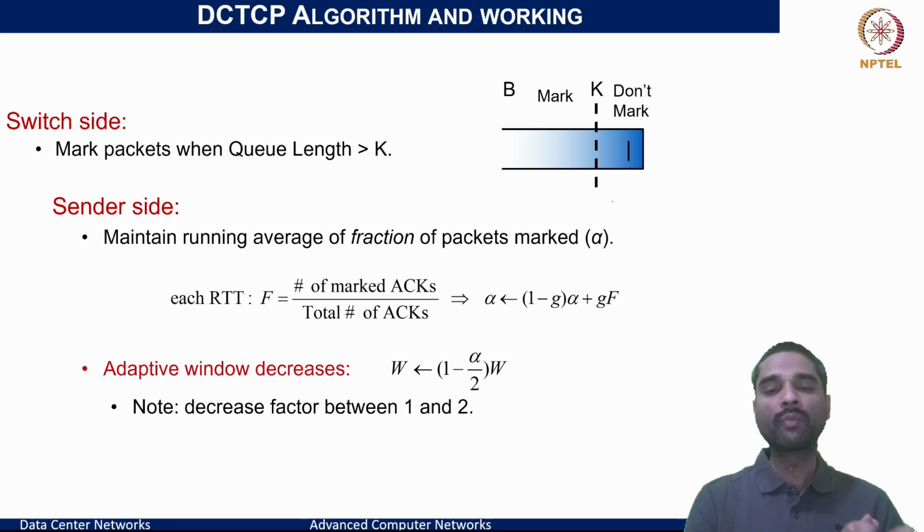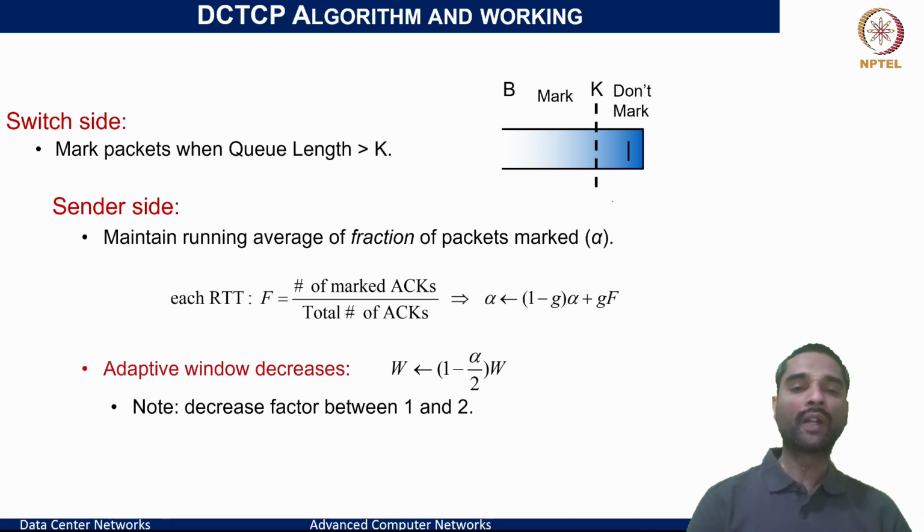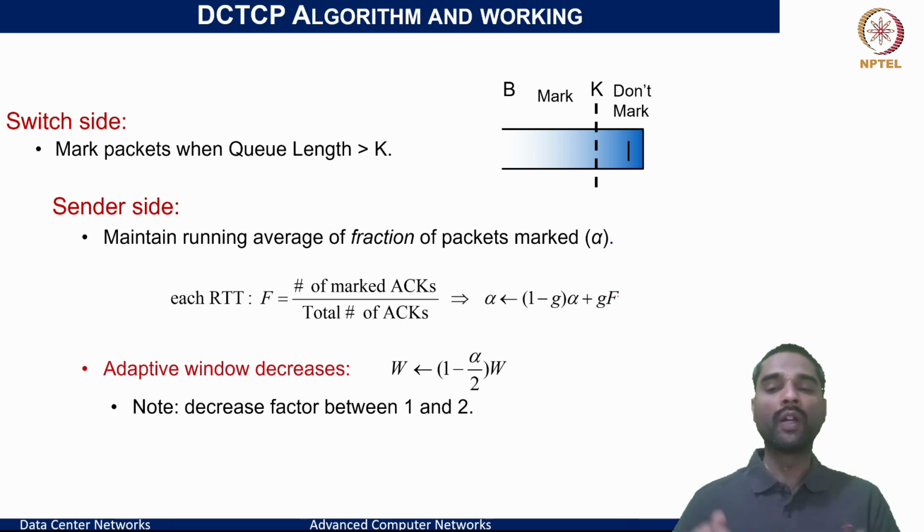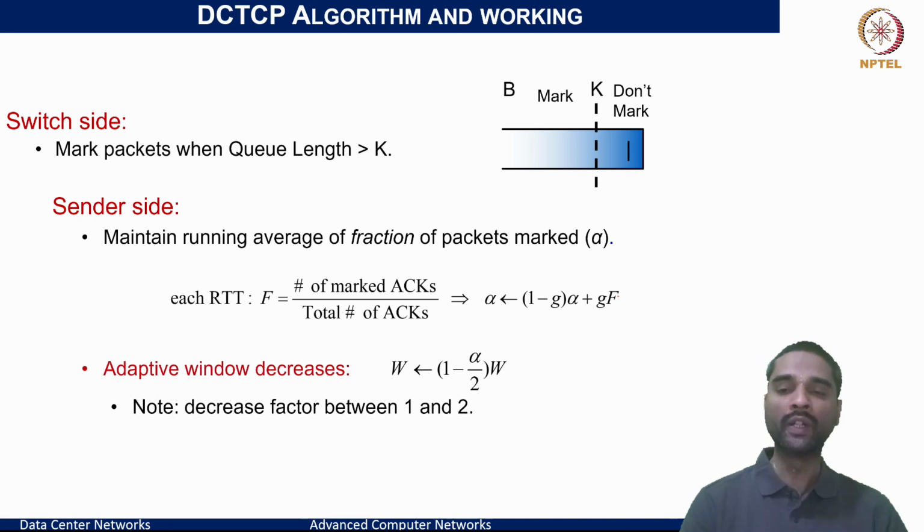So we don't want to make the decision based on the current RTT afresh. We want to keep the information in a history, using the weighted average approach that we typically follow in TCP. The weight g can be defined to say how much of the history we want to remember and how much we want to react to the current instance. So if g is a very large value, then we are reacting more impulsively to the information we receive in the current RTT window.